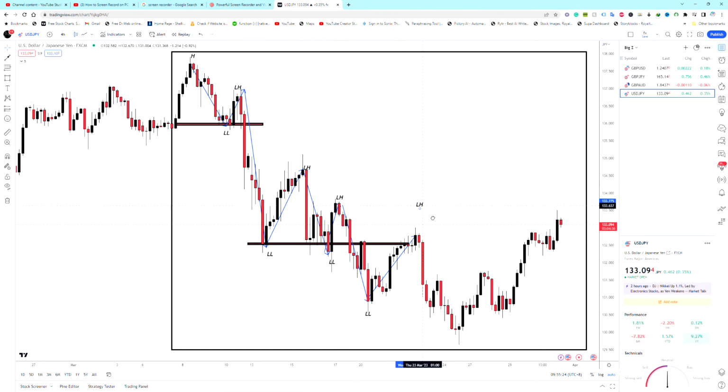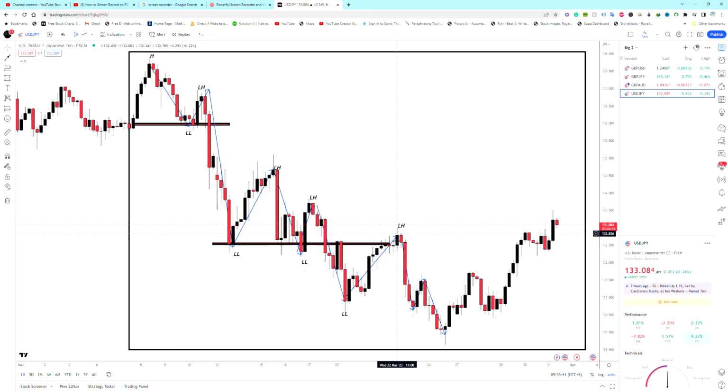That becomes our lower high because it's below this last point. And then the market does a push again, boom, and then does a pullback, boom, and then continues with a push. But here we can see that things start to shift a little bit, right?